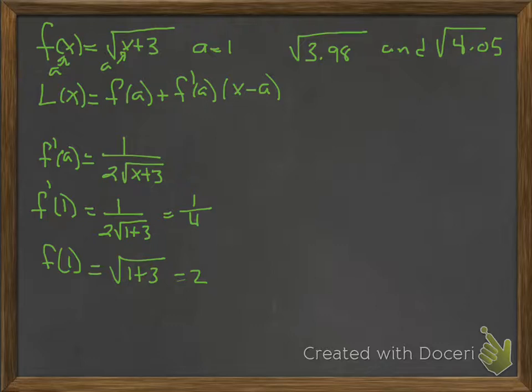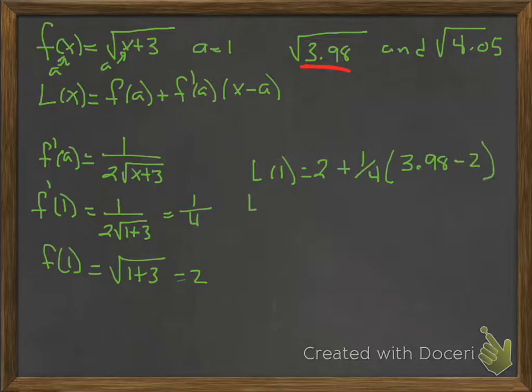I want to approximate first and foremost 3.98, and I'm going to use that piece as my x. So f of a is 2 plus 1/4 times 3.98 minus 2.